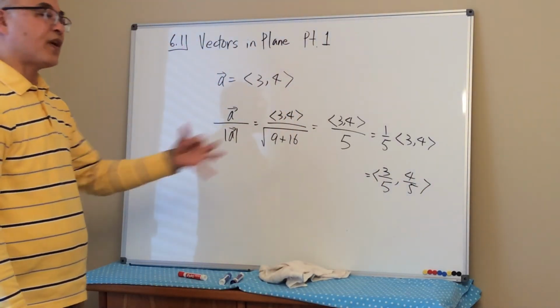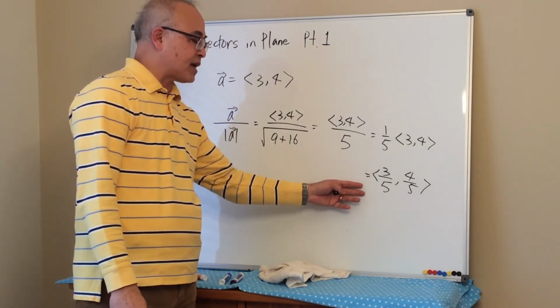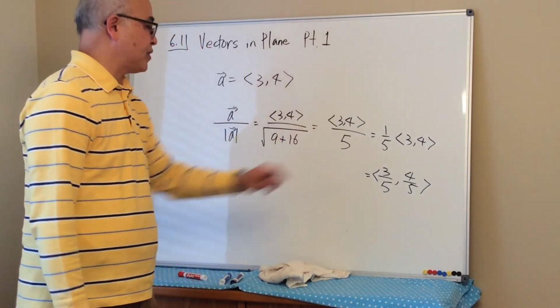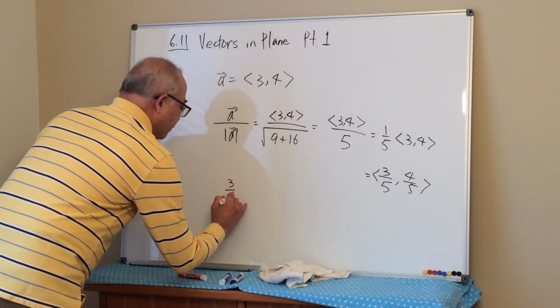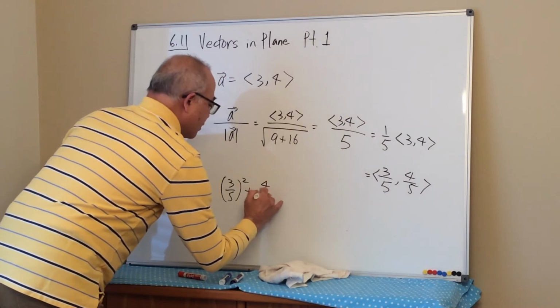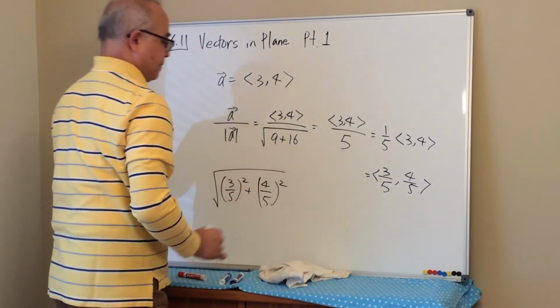Let's verify that this is a unit vector. For this to be a unit vector, the magnitude has to be 1. The magnitude is the square root of this squared plus this squared.